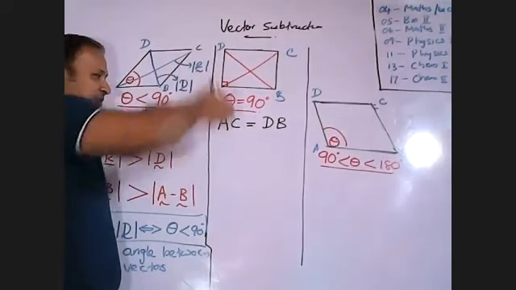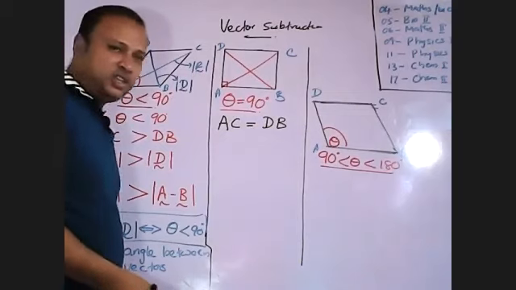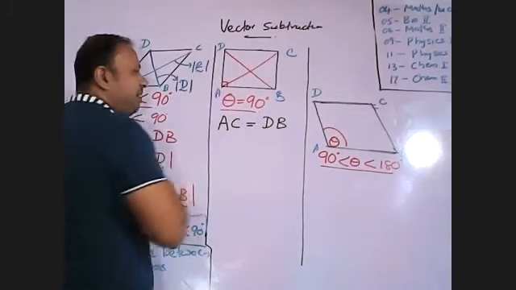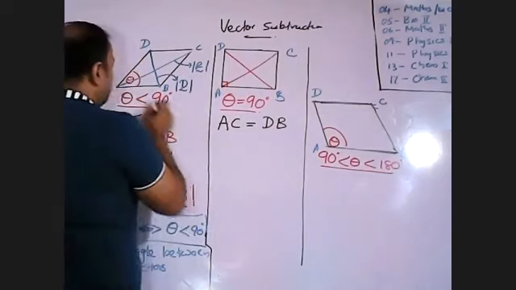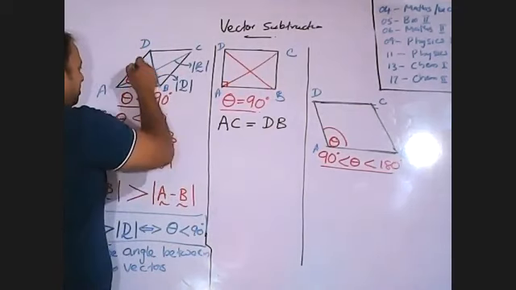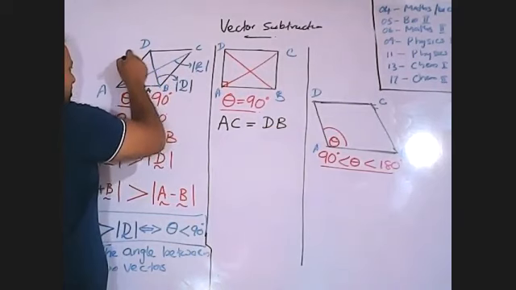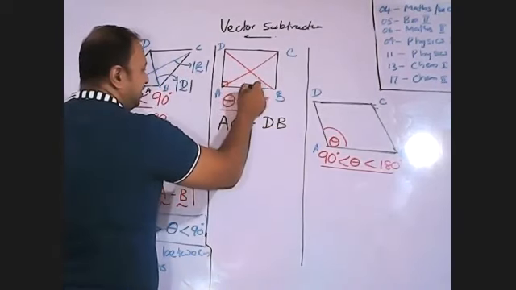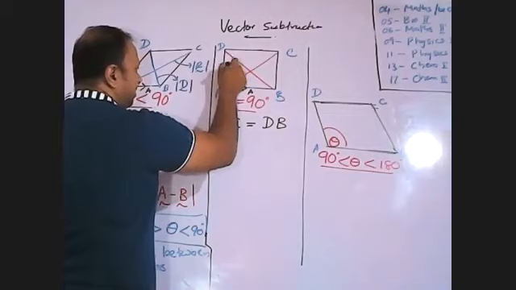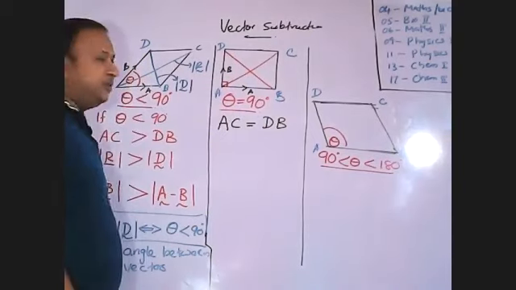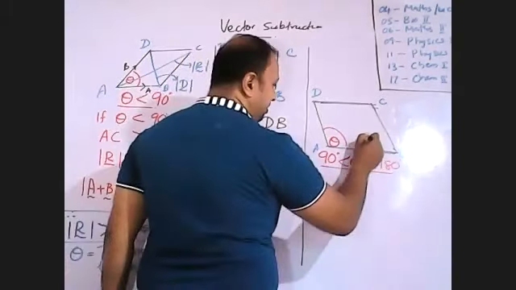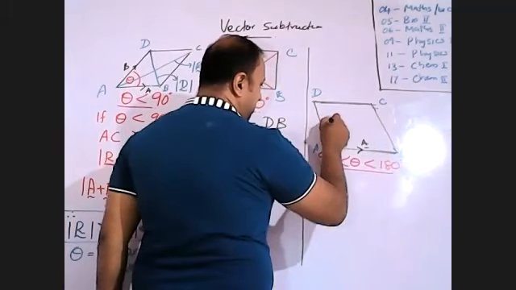Now you can convert that into a vector notation. Length of AC means length of AC. This is A. Sorry, this is B. Otherwise, you cannot know that. This is A vector. This is B vector. Write that one also. This is A vector. This is B vector.